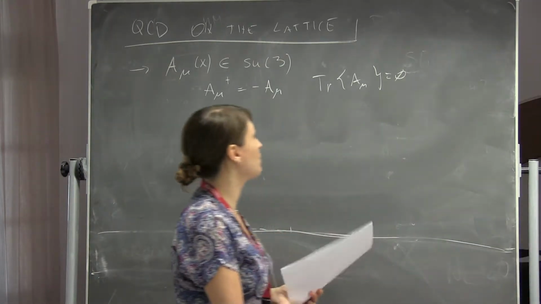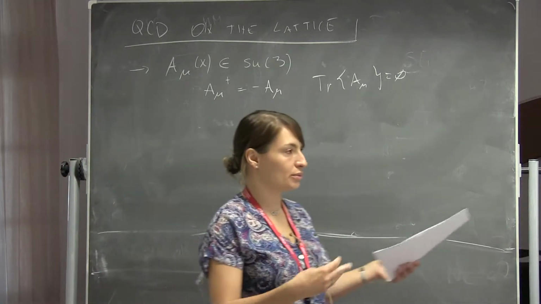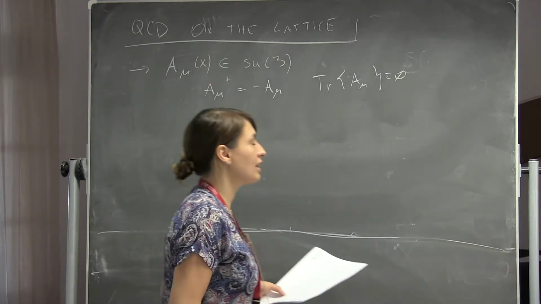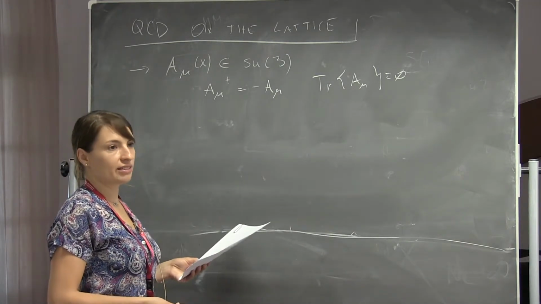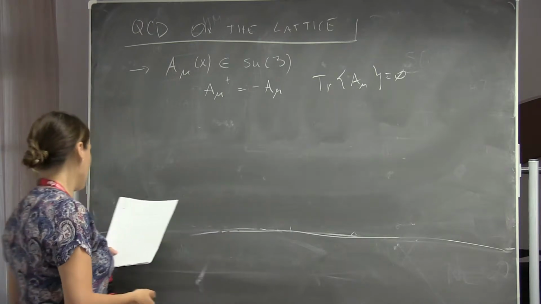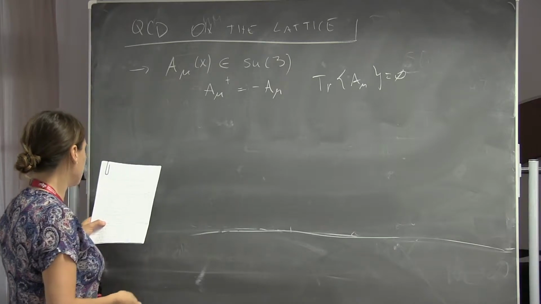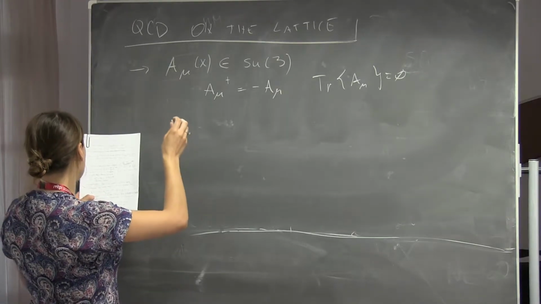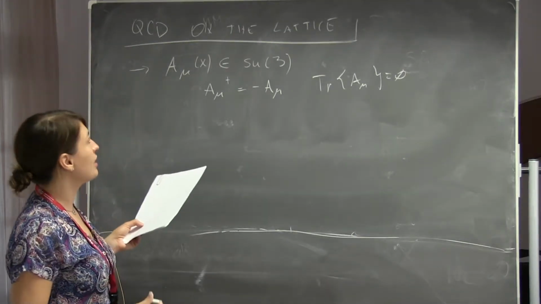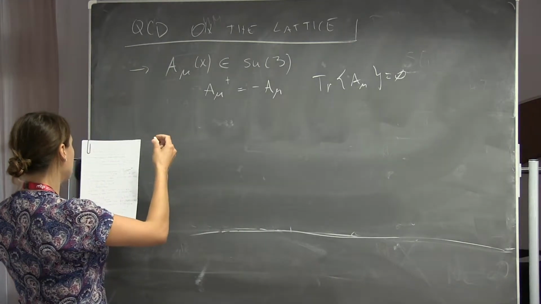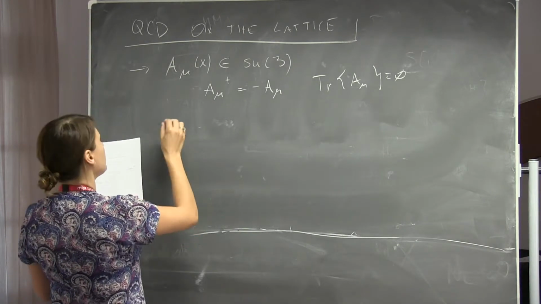Of course, by changing from the continuum space-time to the discretized lattice, we will naturally, as we've discussed for the scalar field theory, break parts of our Lorentz transformations, but such an important quantity as gauge symmetry is something which we definitely want to preserve when defining our theory on the lattice.